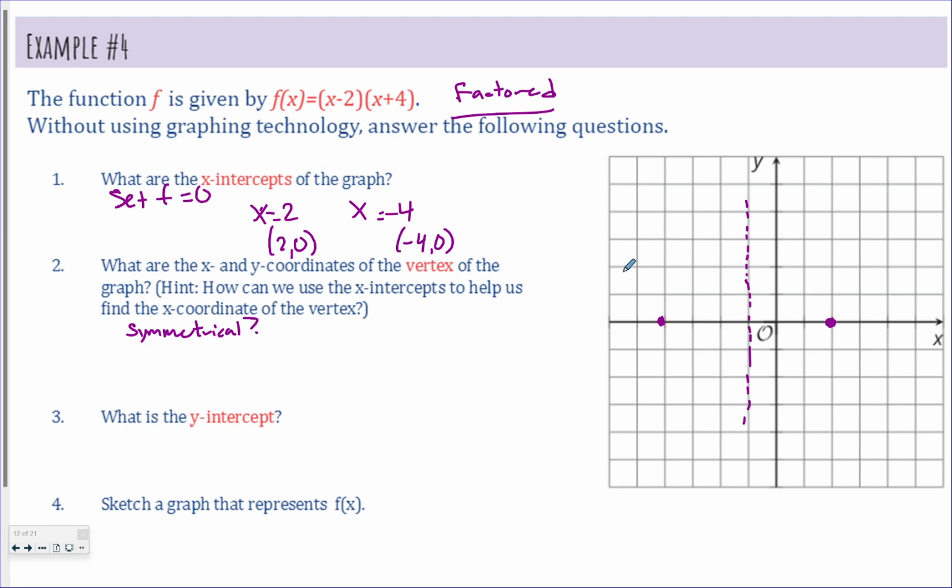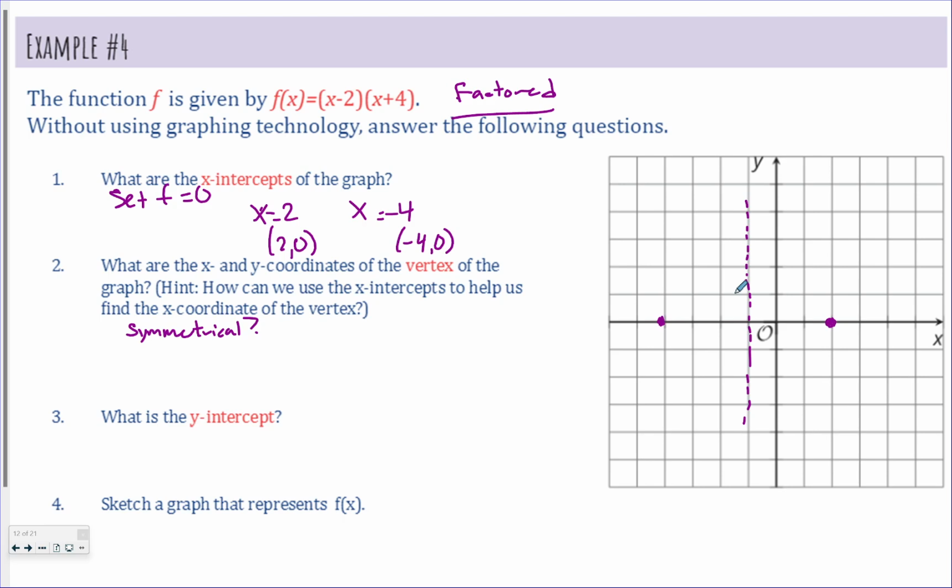So how does that help us with the vertex? Well, we know that the vertex is on this line of symmetry. The vertex is where the line of symmetry crosses the parabola itself. So what do we know about this dotted line?